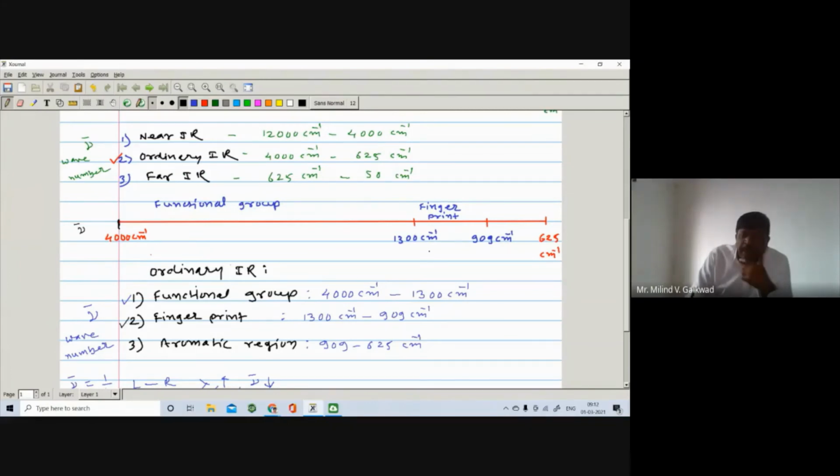If the spectra in the fingerprint region matches with an unknown compound, you may say that the compound is of that spectra. So for sample comparison, we are using the fingerprint region.